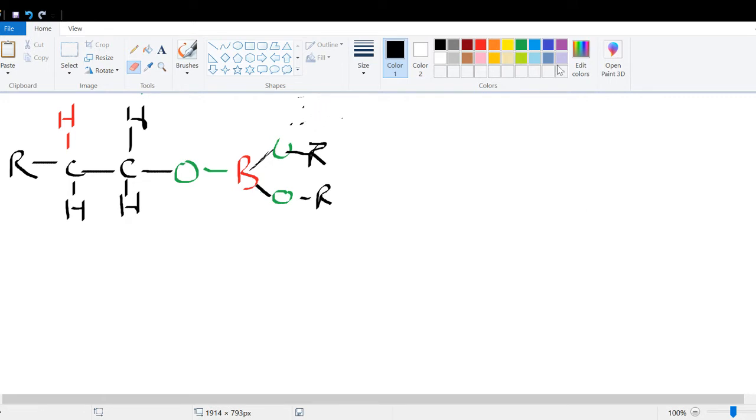Okay. So the next thing, and this is a stable enough product, perfectly fine. But at this point, again, the boron doesn't really do well with other things. Basically everything always wants to leave boron, is what I like to say.